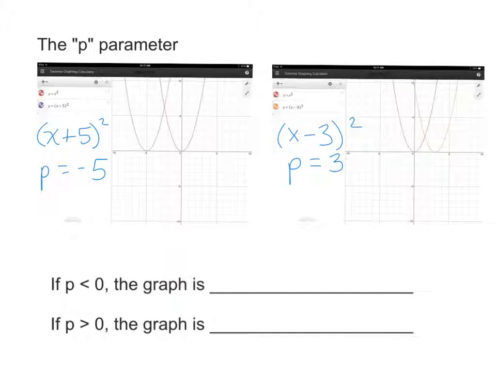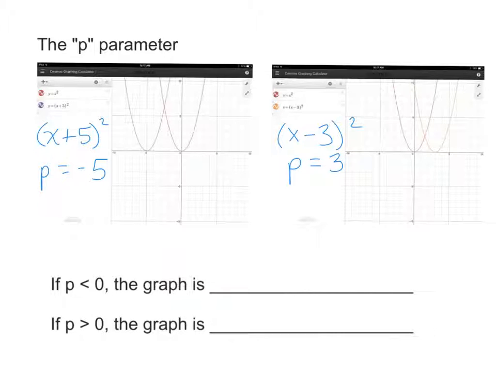That can get a little bit confusing for people. But you have to remember that if you're talking about the vertex, you're going to need to switch that sign. So here it says if p is less than 0, which is the first one, p is negative 5, that's less than 0.